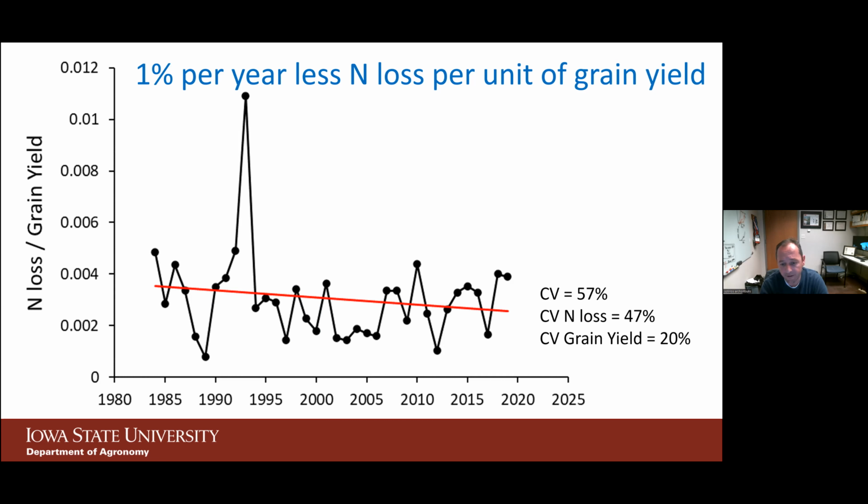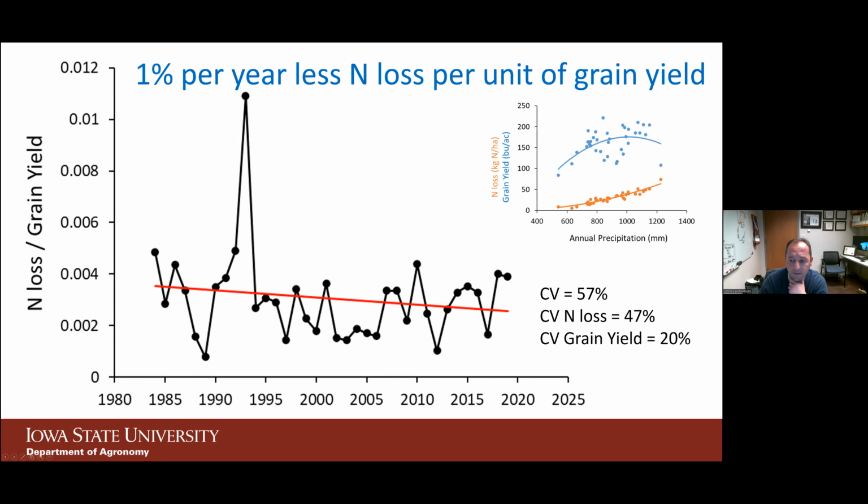This is a very desirable outcome. However, it's quite variable. If you see here the CV, the coefficient of variation, the temporal variability is high because of the precipitation and the different shape of relations that we have between nitrogen loss and grain yield.